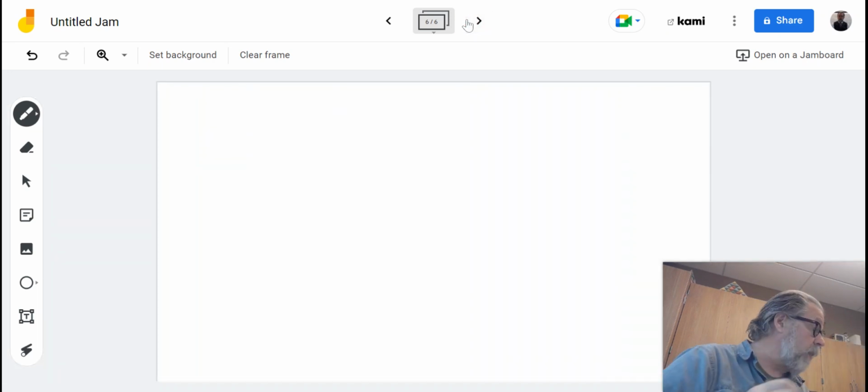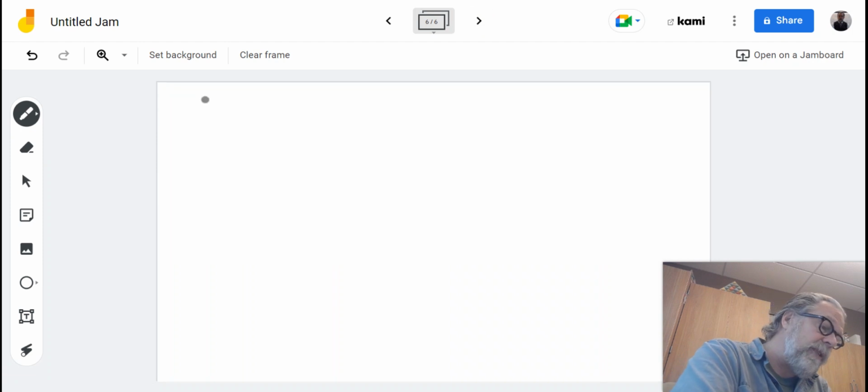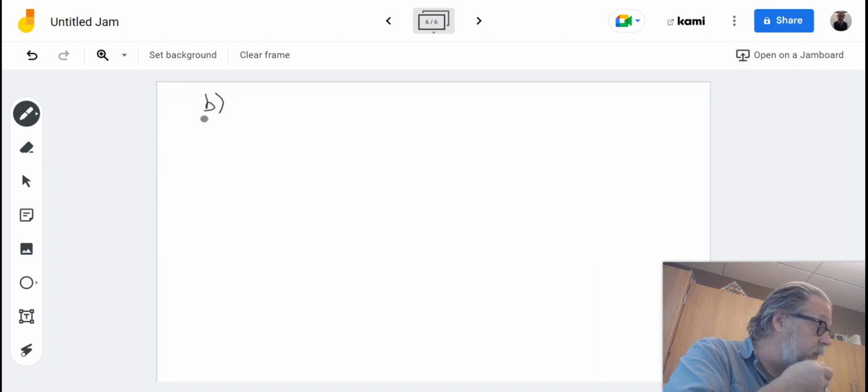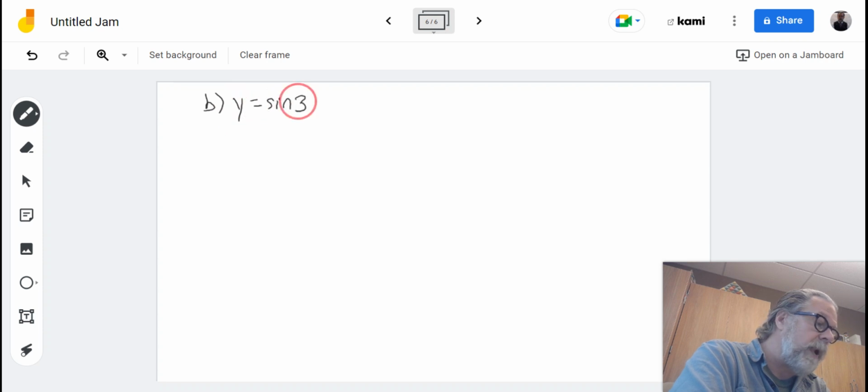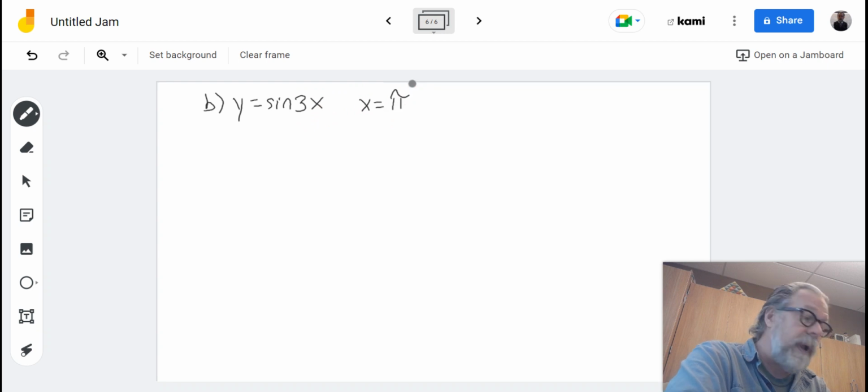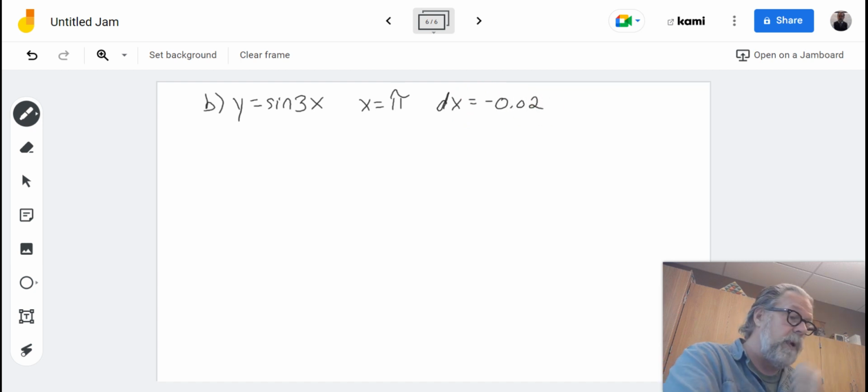Let's look at another quick example. The second one in example 5 is y equals sine of 3x. We're looking at the region around x equals pi, and I want to know what happens if I change x by going down by 0.02.